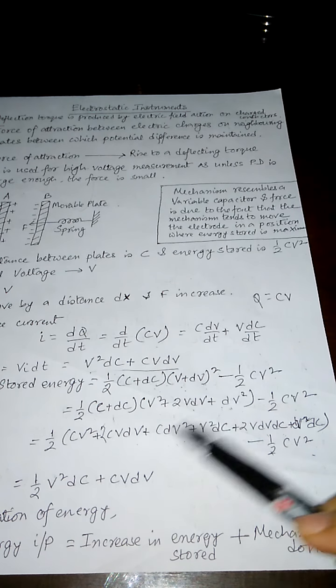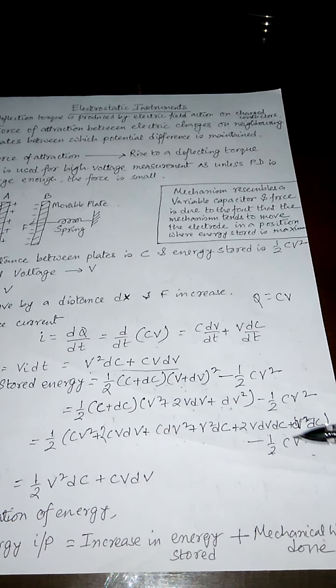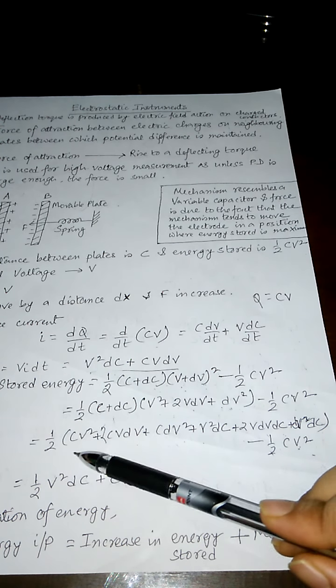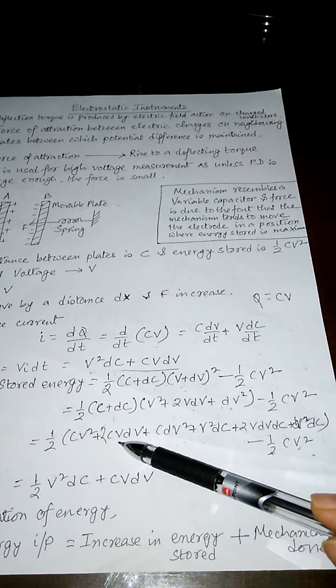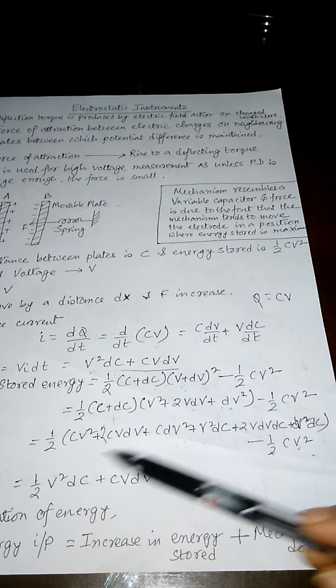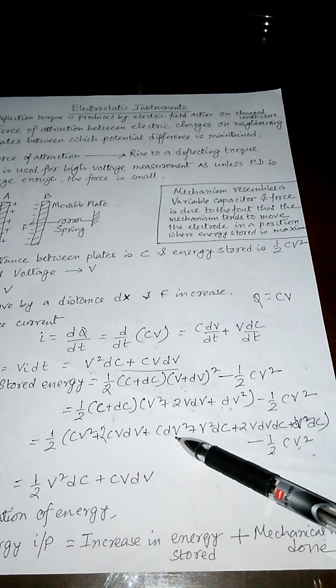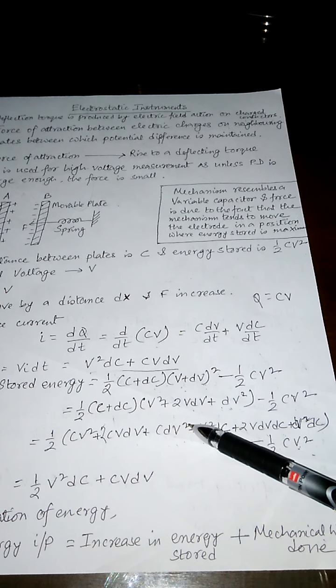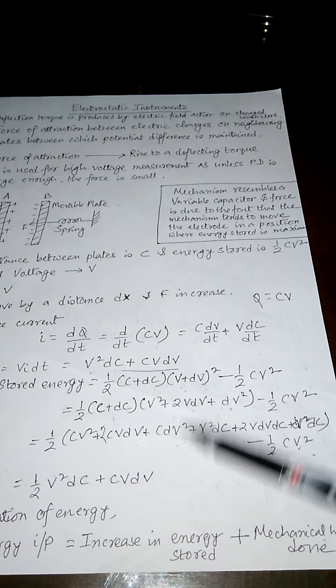Now half C V square minus half C V square is cancelled out, and the 2 cancels, leaving C V dV. Then half C dV square is a higher order differential term, so we can neglect it.